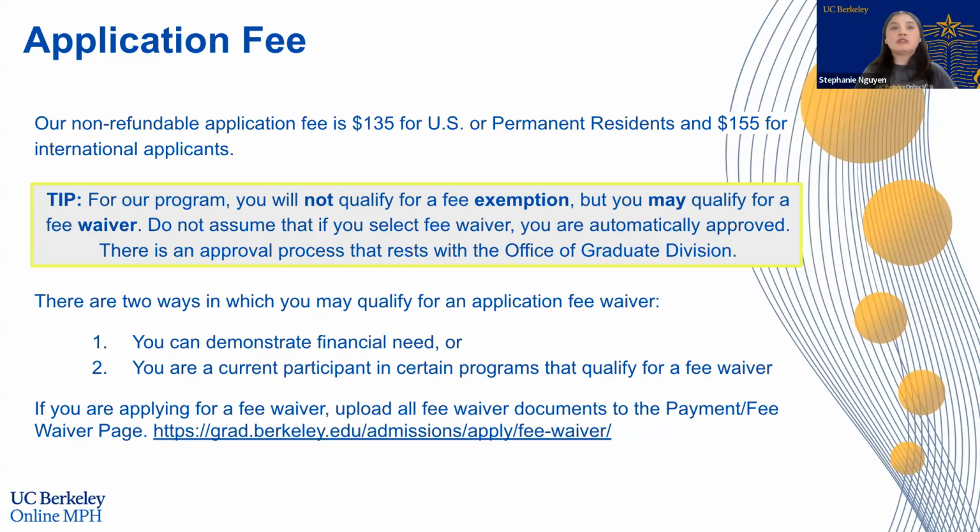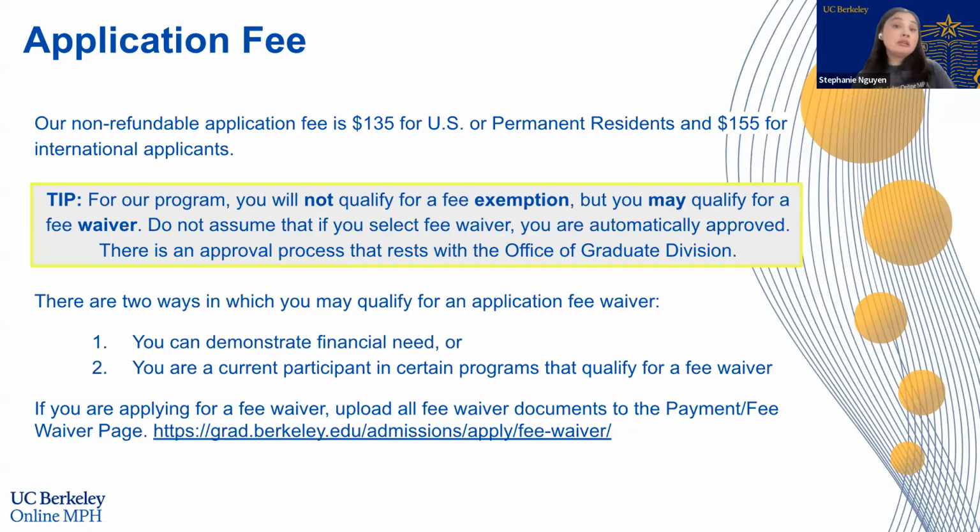You can also demonstrate financial need by showing any special participating programs that you were a part of, and that could be McNair Scholar. There's a few others as well, so I won't go through the deep details, but you can check that out once I send out the slide, or you can go directly to the UC Berkeley Graduate Admissions Fee Waiver page.